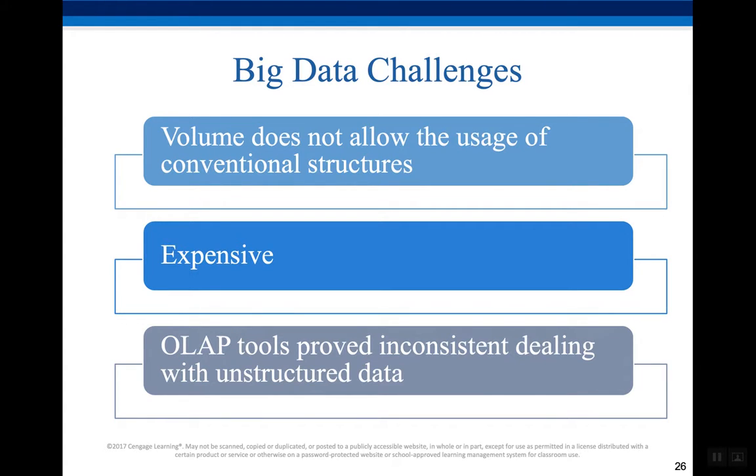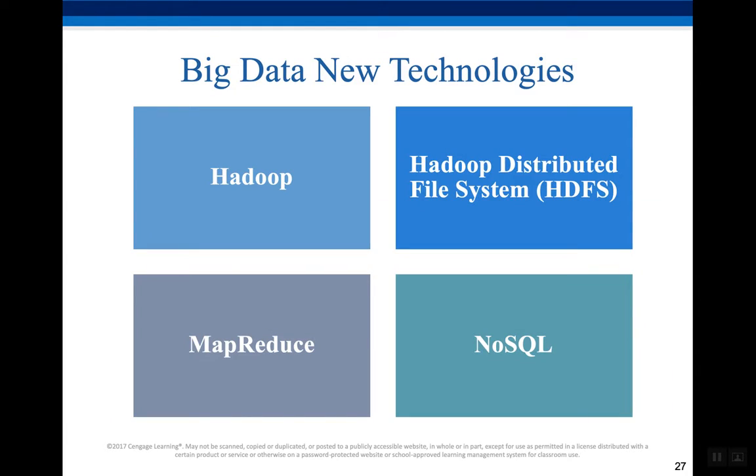Right. So what we have is a whole bunch of new technologies that are designed to work with big data. A lot of this stuff was developed, not only, but probably by one of the bigger organizations in this space, Google.